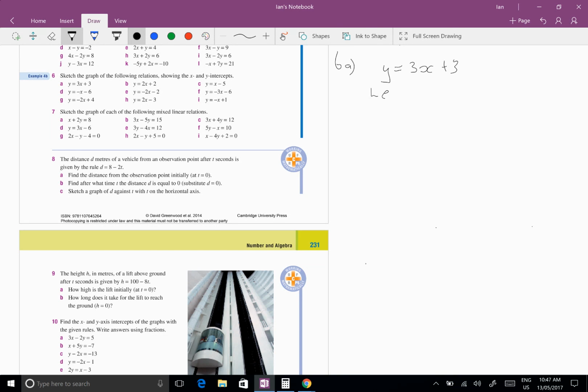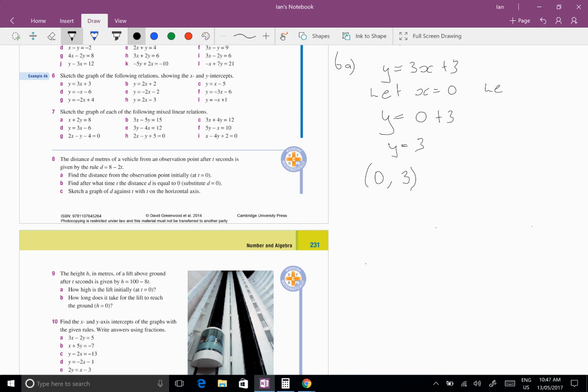So we'll let x equal 0, which is just finding a point, putting the point into the equation and finding the y value. So we get y equals 0 plus 3, so y equals 3. And that was pretty easy. So we get 0, 3.